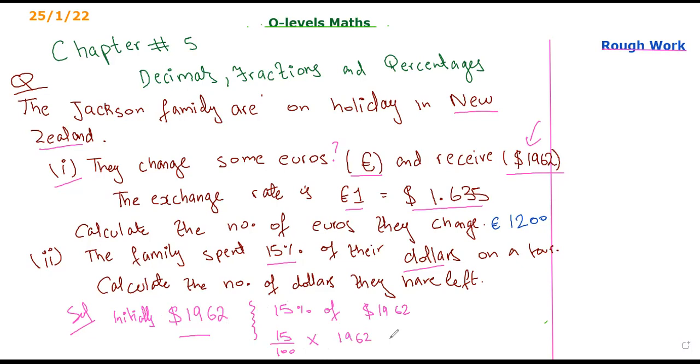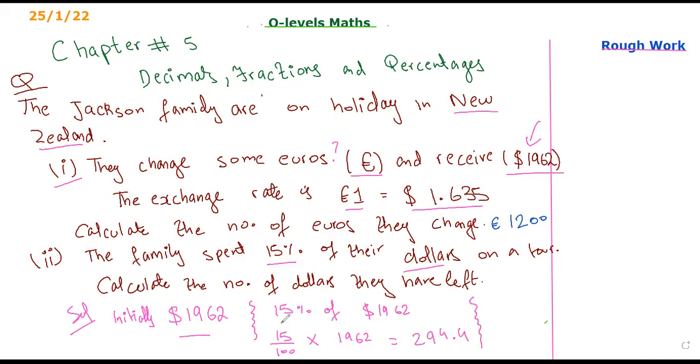So after simplification, we are going to get 294.3. Okay, and what is the next step?